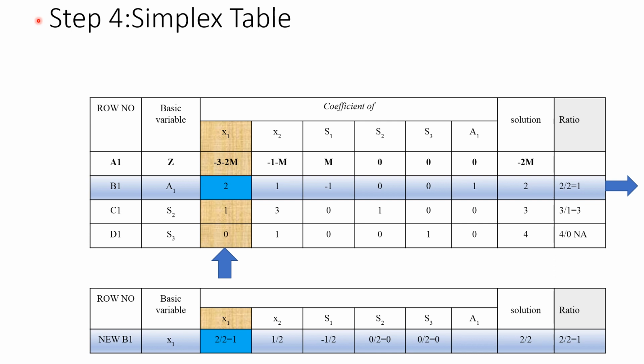How to decide key element? Okay, so most negative number from A1 and minimum positive number from ratio. Okay, so in A1 row you can see it is -3 -2m and -1 -m, other all values are positive. So in this two value, which is most negative value? What is m here?